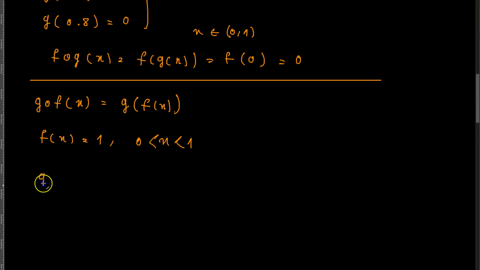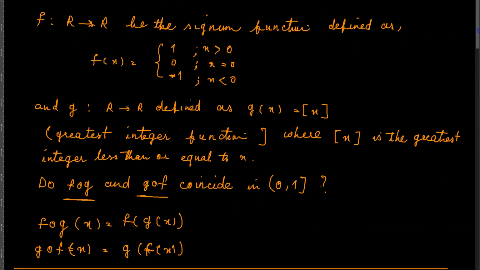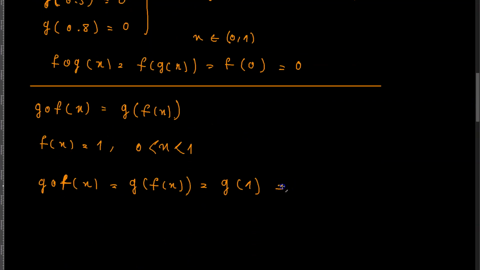Which means that I can say that GOF of x is equal to G of f of x, which I can write as, since f of x is equal to 1, G of 1. Now this is assuming that x is between 0 and 1, of course. Now, what is G of 1 here? This is the greatest integer function, meaning the greatest integer less than or equal to 1, which is equal to 1, right?